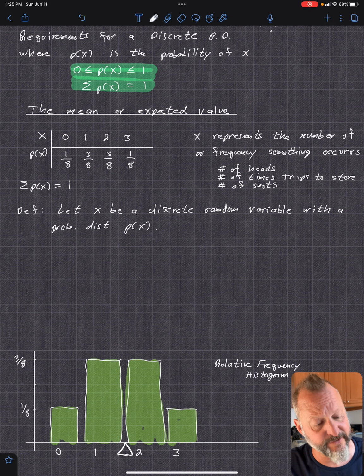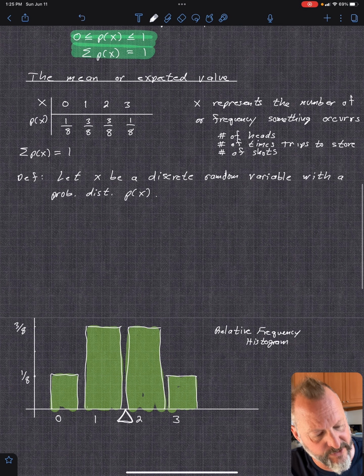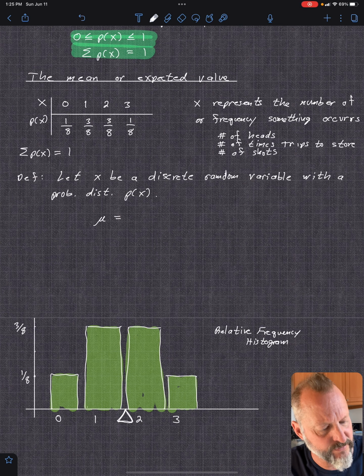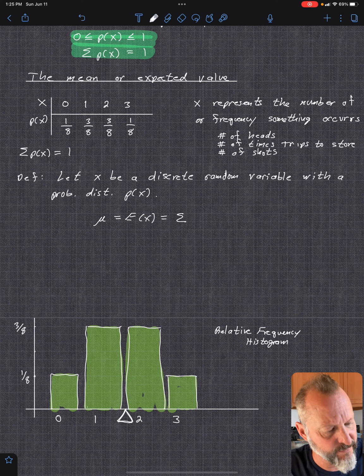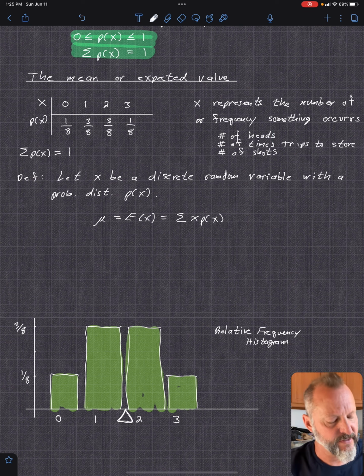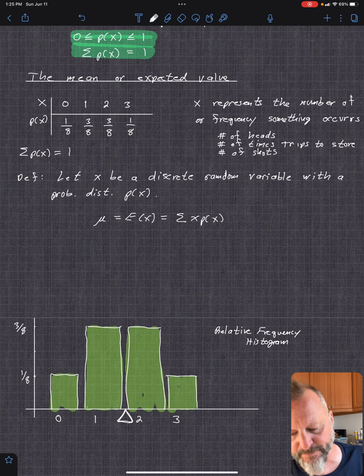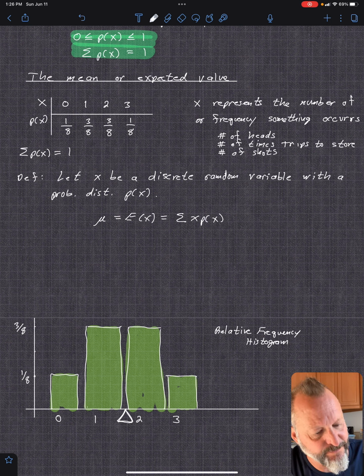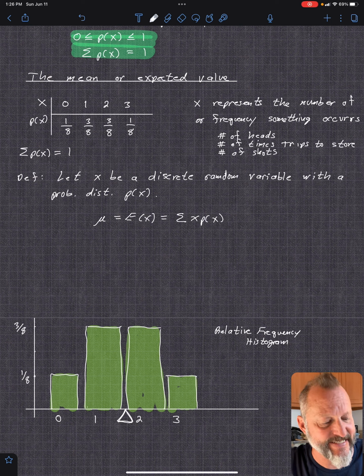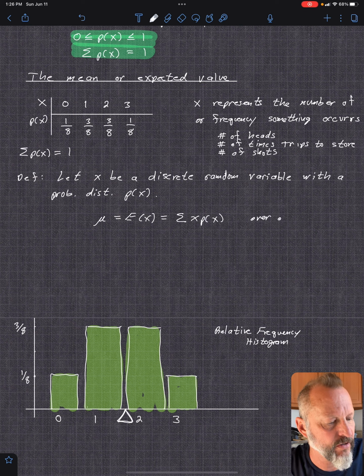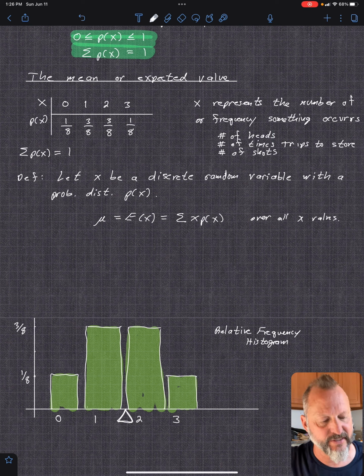The mean or expected value is given by this. We say mu, the population mean, or the expected value of x, is equal to the sum of x times P of x. So you multiply x times P of x and add them all up, over all x values. I didn't put in the indexes and all that.